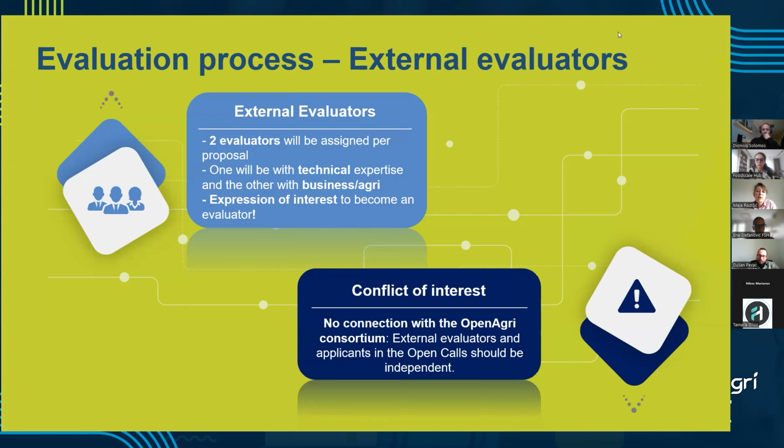They will have either technical or business/agri expertise, and they have to be registered at the Open Call Hub as evaluators as well. And all the evaluators will have to sign a non-disclosure agreement and the exclusion of any conflict of interest with any of the potential applicants.